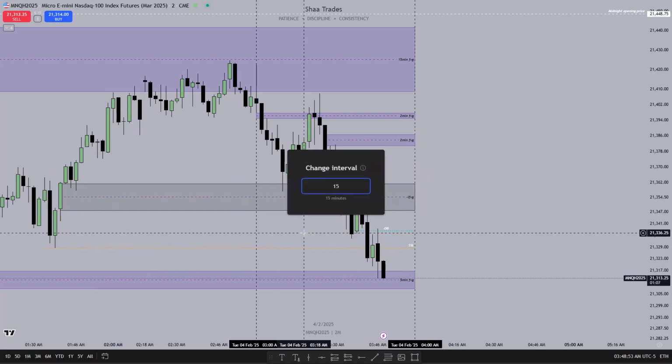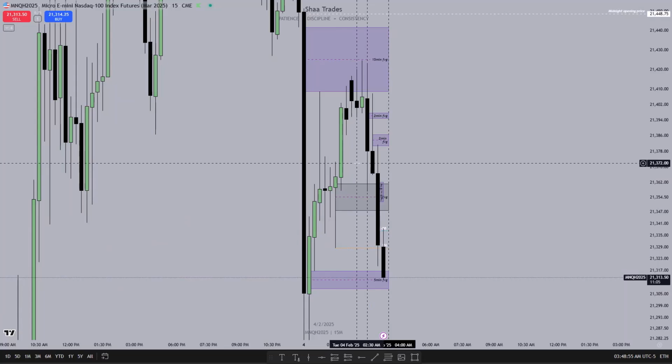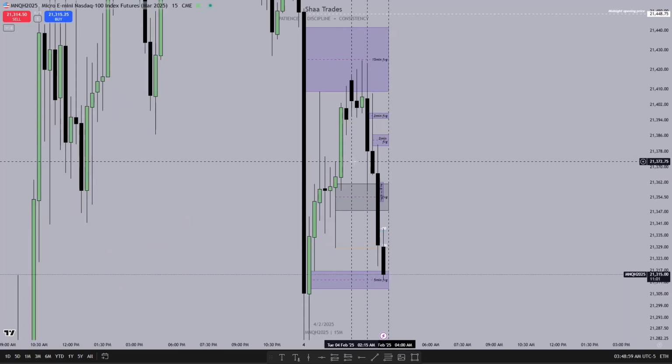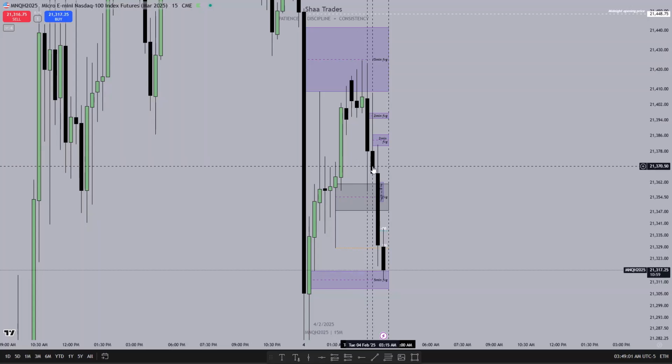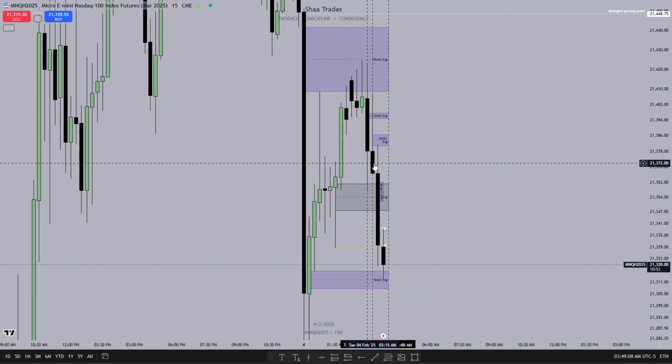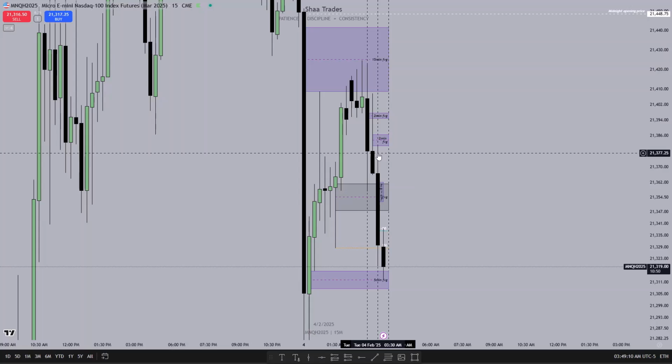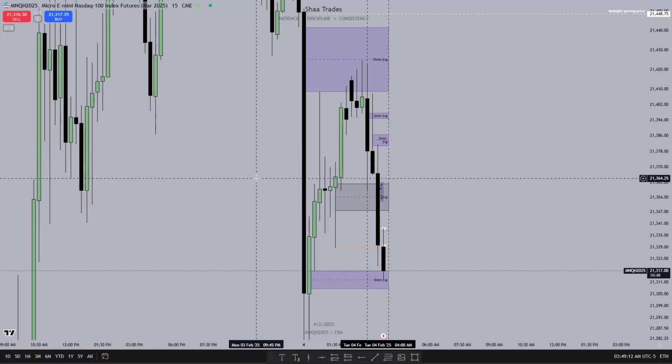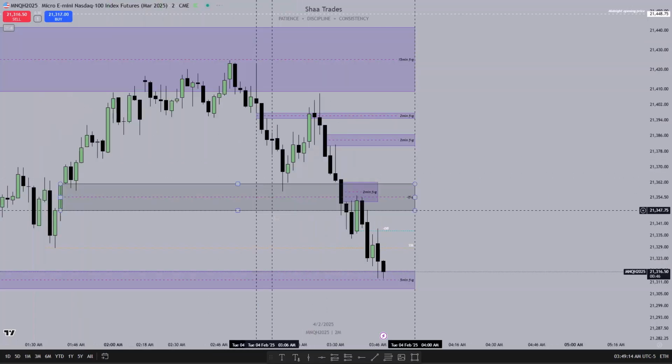Let's just go up to the 15-minute, look at it. Yep, right here. You see how price broke this 15-minute fair value gap with this candle, and then this candle, we treat that as an inversion on the 15-minute. We could have entered here and then price breaks lower, but we take our trade on the 2-minute.